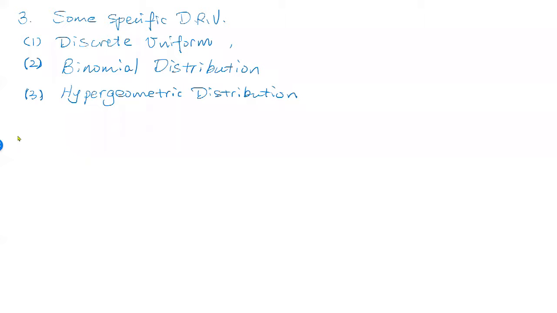Okay. And then after that, we have learned continuous random variables. First of all, you need to know how we describe a continuous random variable.